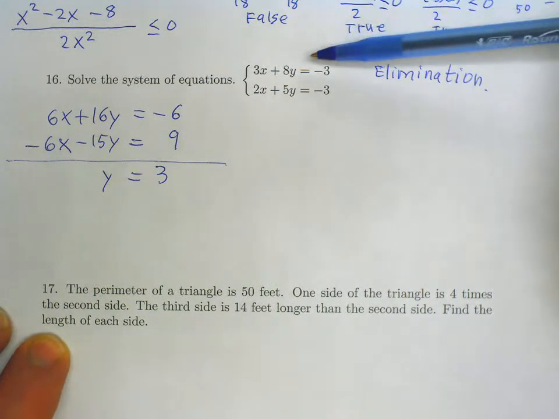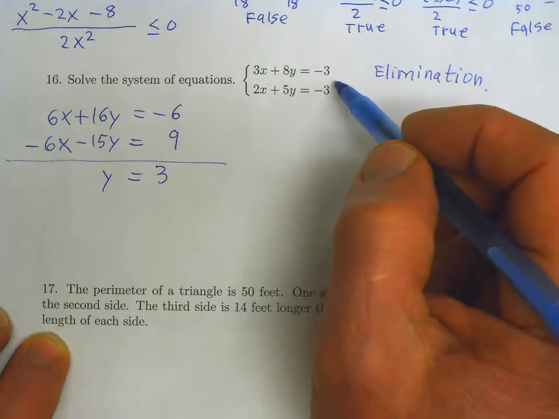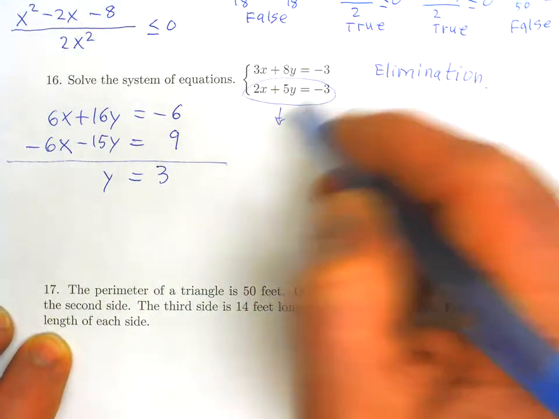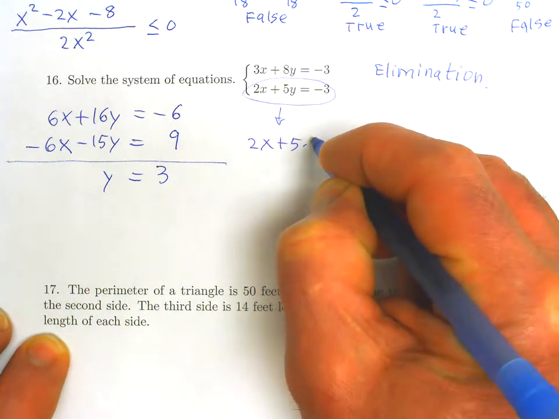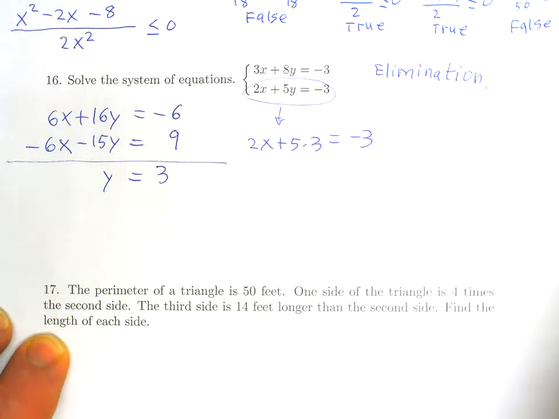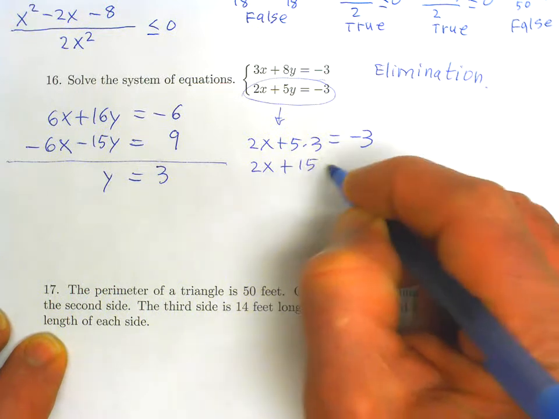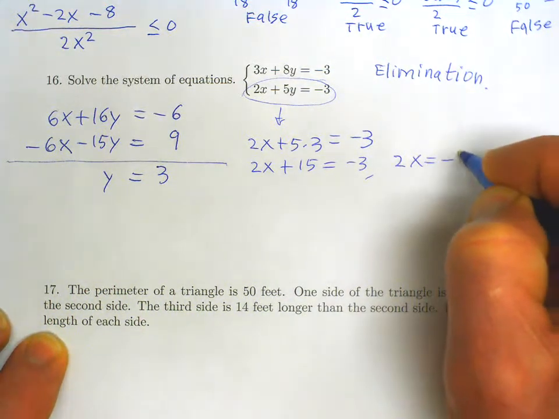Okay, then to find the x-coordinate of the solution, we can use any one of those 4 equations. I'll just pick this one right here. So in this equation, I'll replace y with 3. And then solve for x. So 2x plus 15 equals -3. 2x equals -18.